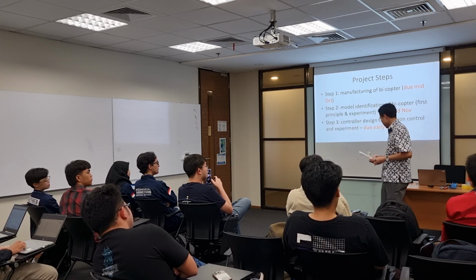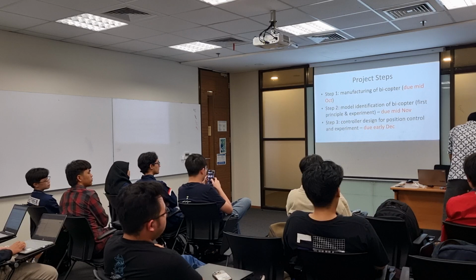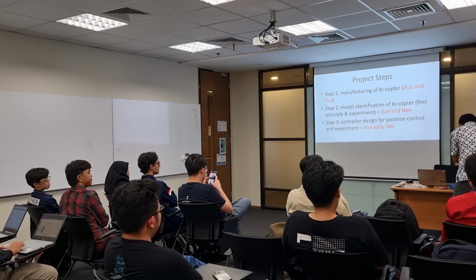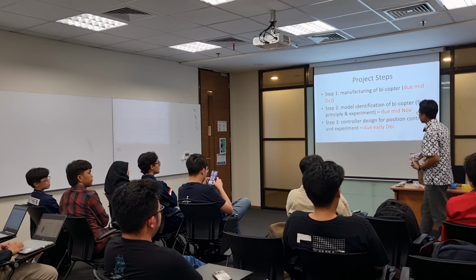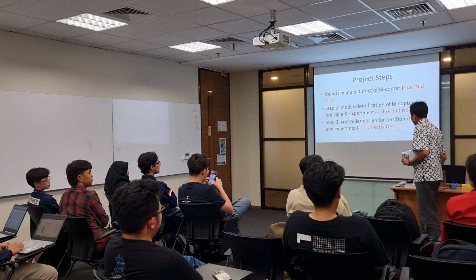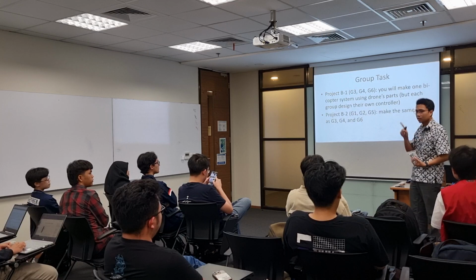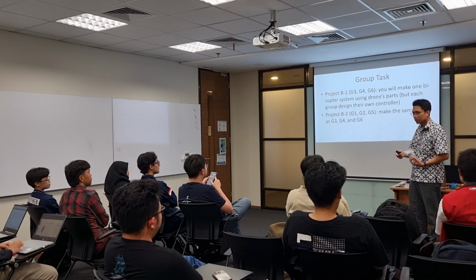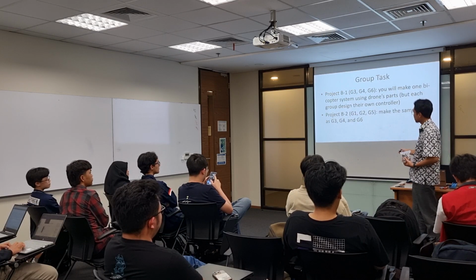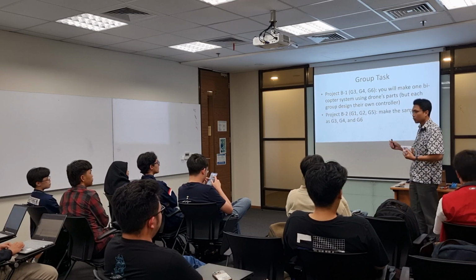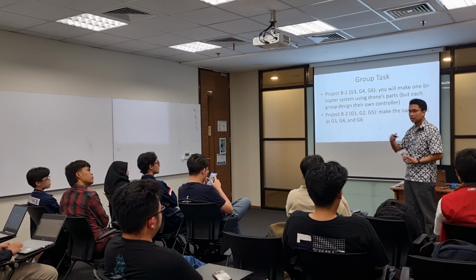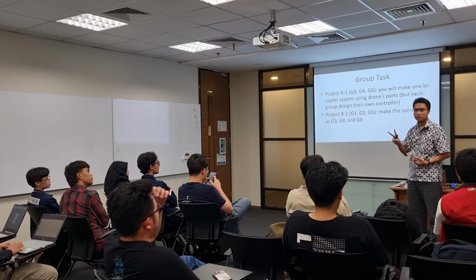Groups 3, 4, and 6, you will create one model, and also groups 1 to 5, you will create another model. So this class will have a total of 2 models.